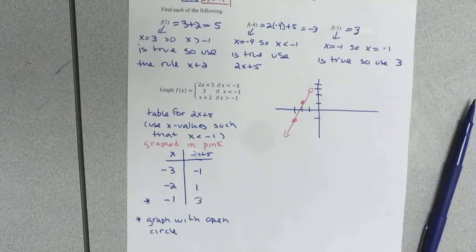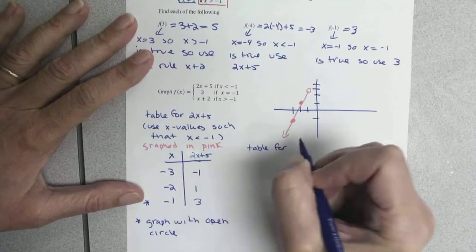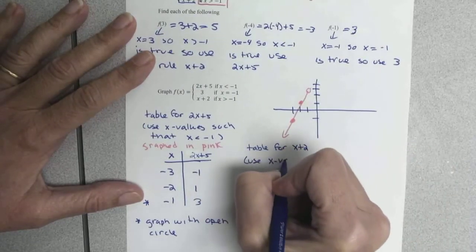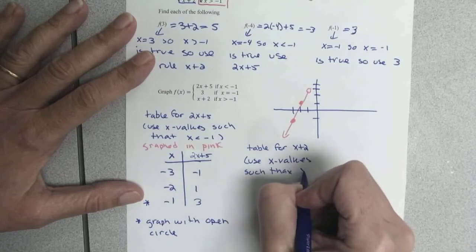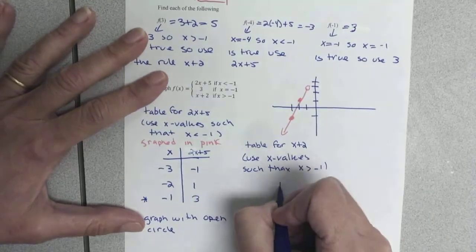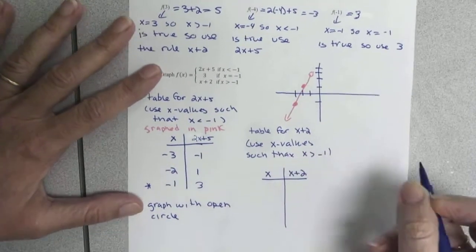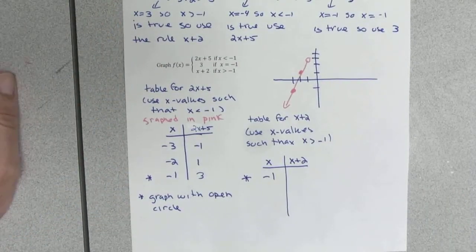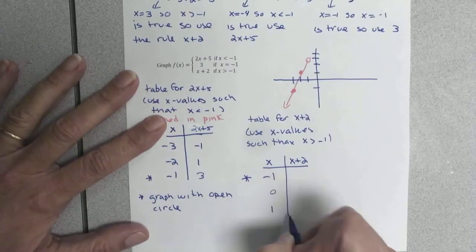I'm going to skip to the last branch. So table 3, x plus 2, and here we're going to use x values such that x is greater than -1. I'm going to do the same thing. I'm going to pick -1 again, but I really shouldn't. But I'll pick it for completeness' sake, and I'll be sure to graph that with an open circle. And then I'll pick 0 and 1.